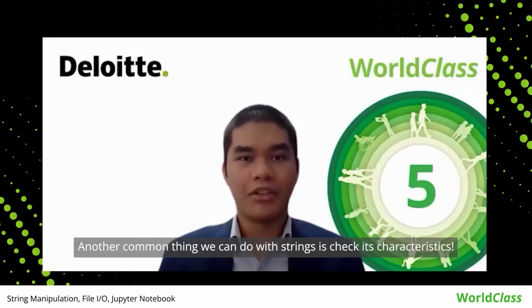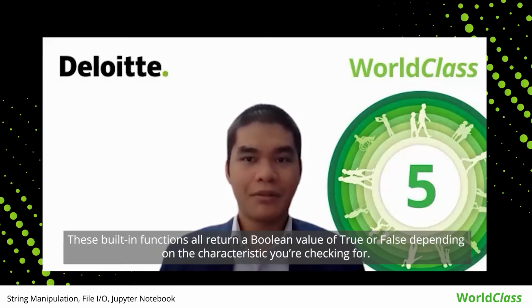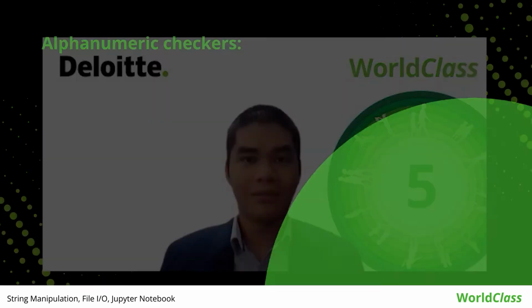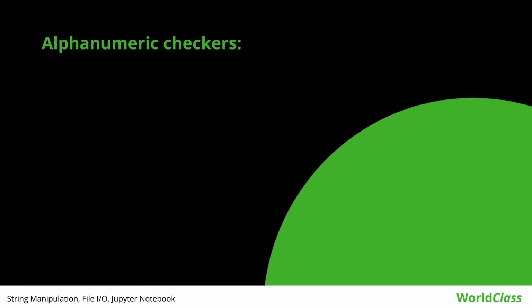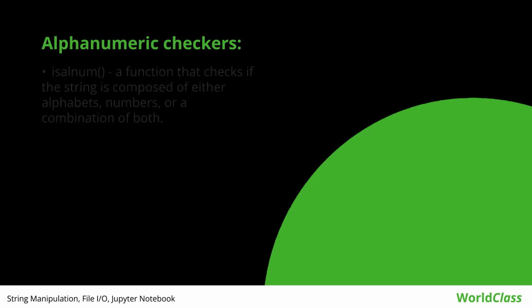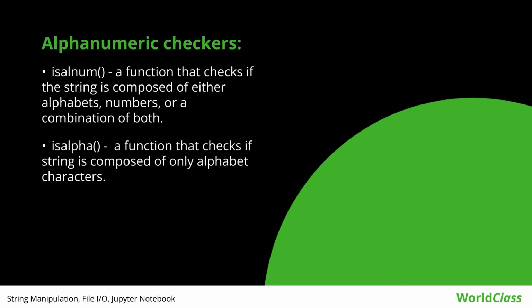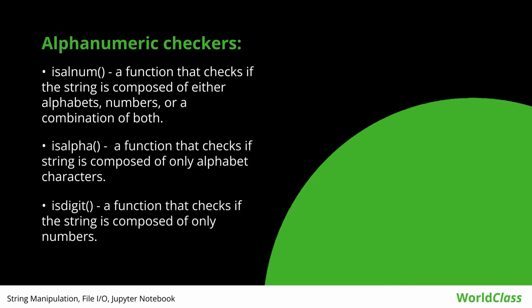Another common thing we can do with strings is check their characteristics. These built-in functions all return a Boolean value of True or False, depending on the characteristic you're checking for. First off the list are the alphanumeric checkers, isalnum, isalpha, and isdigit.